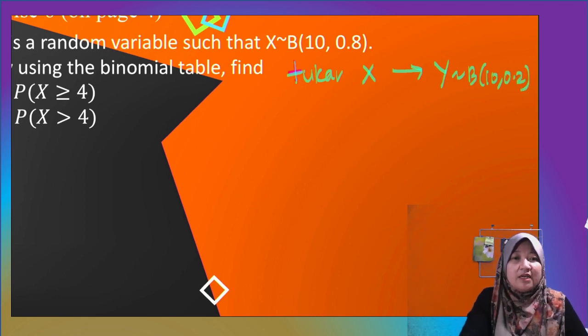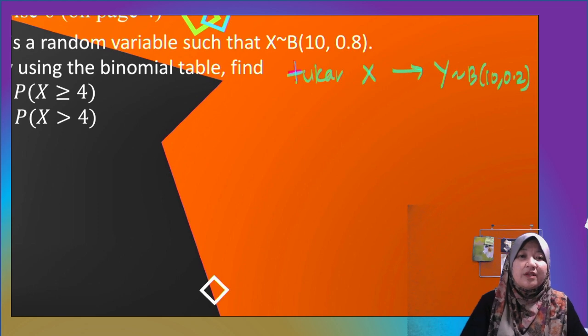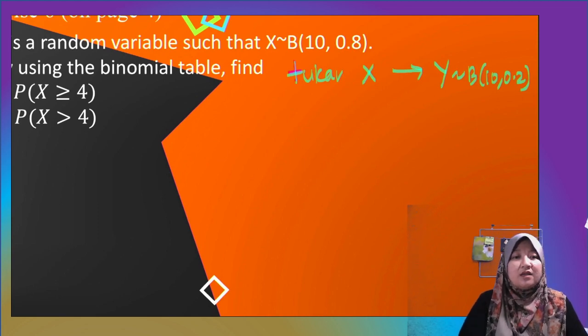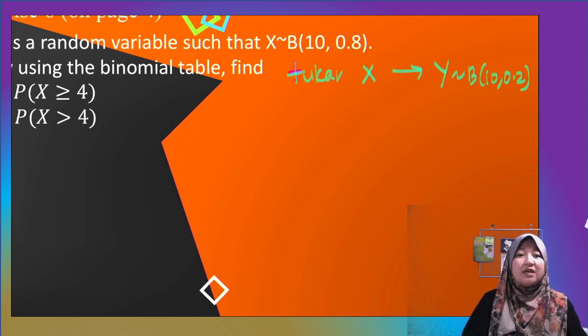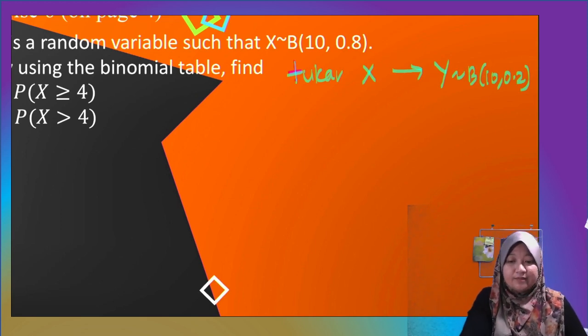Kita menukarkan variable X kepada variable Y, di mana probability dia adalah komplemen bagi X, iaitu 0.2. Okey, kita perlu tukar X kepada Y.